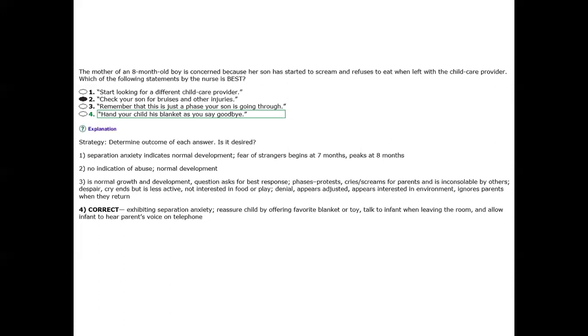So during the 8 months, there are things that are very normal to develop. We call them developmental milestones. So it is important that we know what age group our baby is, what they like or what they do. So there are 4 options.